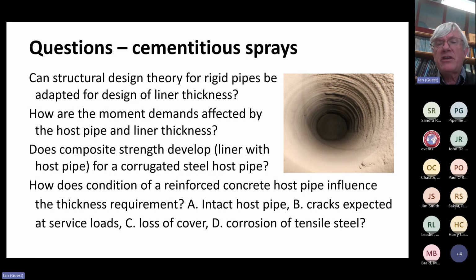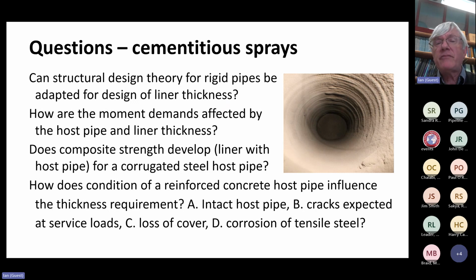These are sprayed cementitious liners, typically involving Portland cement, but also something like maybe some geopolymer material, like rock fibers, which people use in these liners. Can we develop a structural design theory?